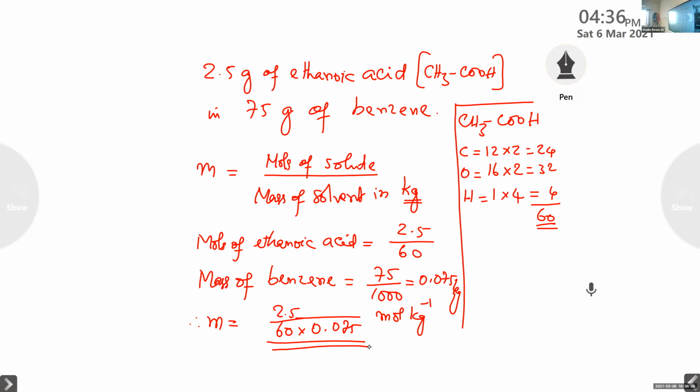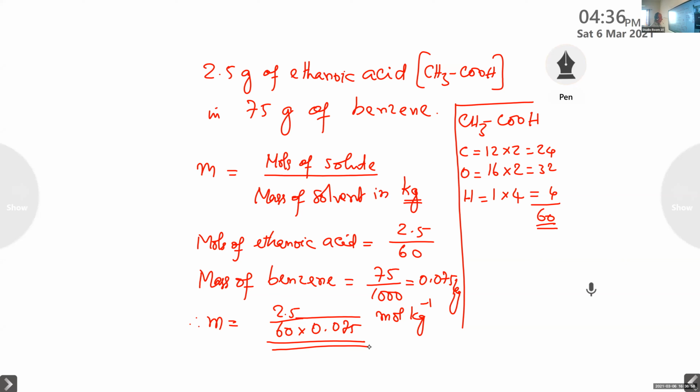If you can simplify it, or you simply keep it as such, at least up to this. For simplification, you may miss only half a mark or so. But all the substitutions must be done, and you must write the unit also in the final answer. You do the substitution and write the unit, keep it as such.